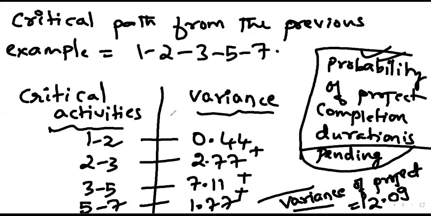In the previous example, we determined one project completion duration. What was that? 40 days, is it right? Exactly 40. Now here we are trying to determine the probability that the project may complete within 45 days or 50 days, and so on.